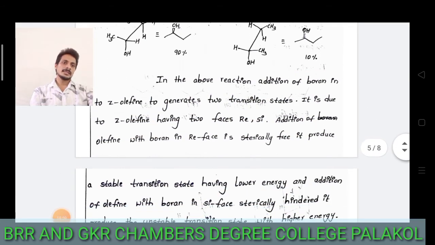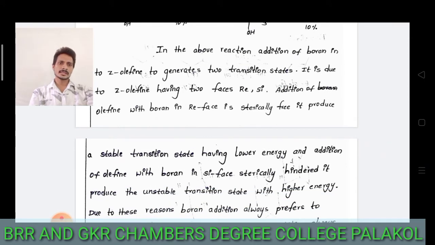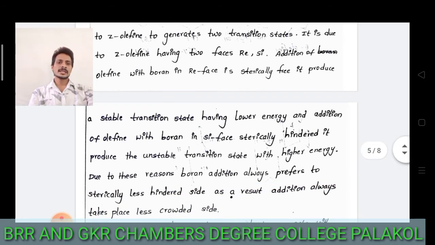This is because an E alkene or Z alkene has two different faces, the re face and the si face. In addition of borane to olefins, the re face is sterically free and produces a stable transition state with lower energy. The si face is sterically hindered and produces an unstable transition state with higher energy.